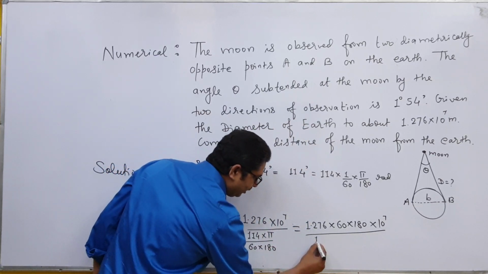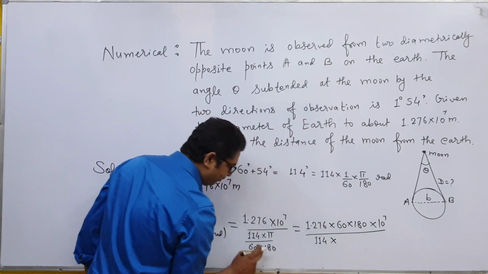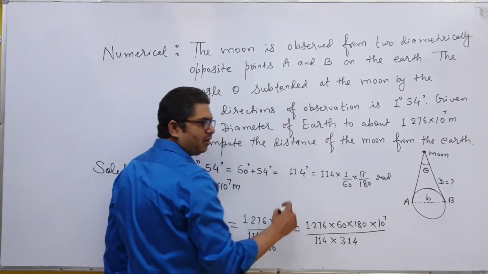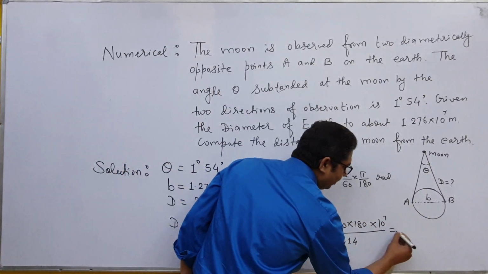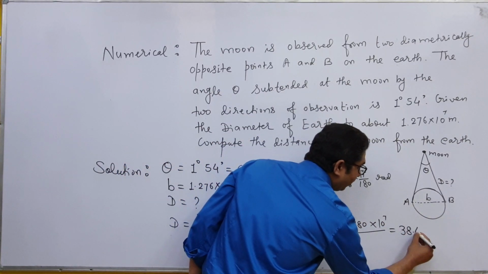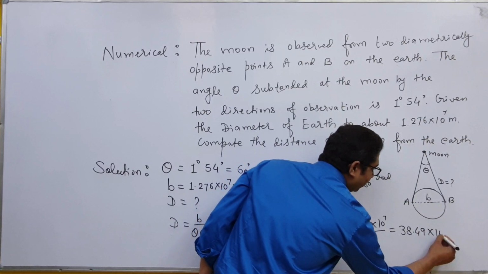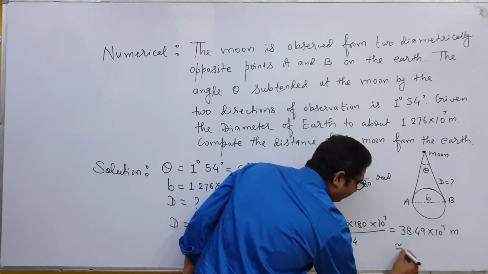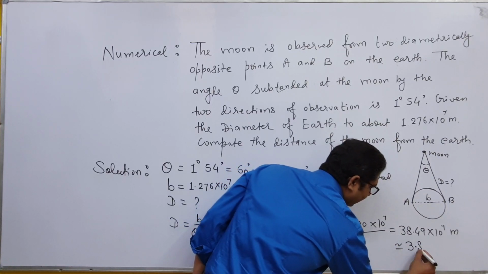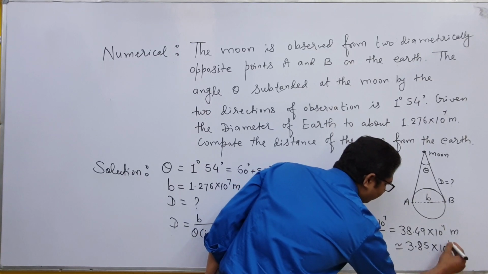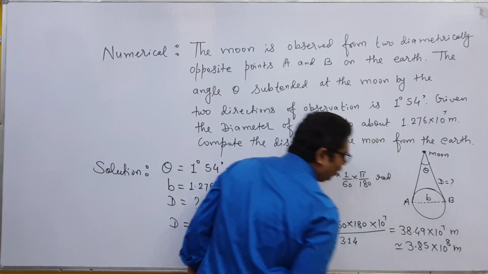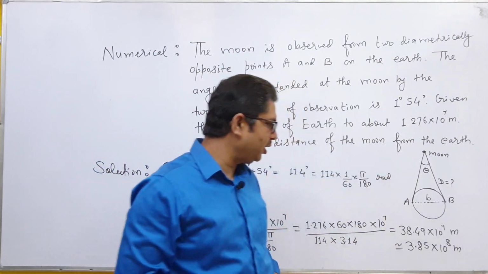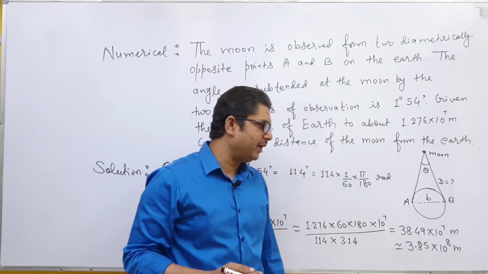Here you have 114, and the value of pi is 3.14. After solving this, it comes out to be 38.49 into 10 to the power 7 meter, which can be written, after rounding, as 3.85 into 10 to the power 8 meter. So the distance of the moon from the earth is 3.85 into 10 to the power 8 meter.